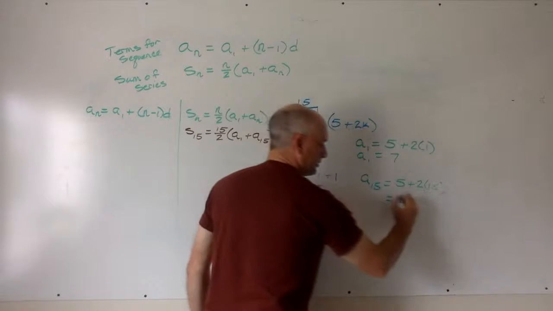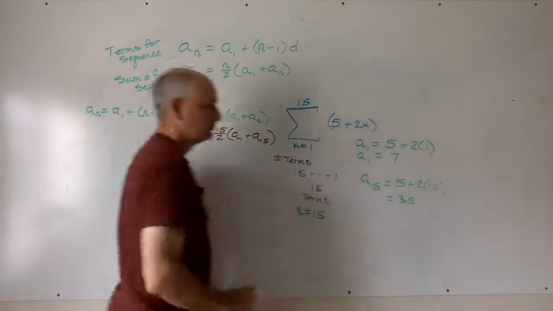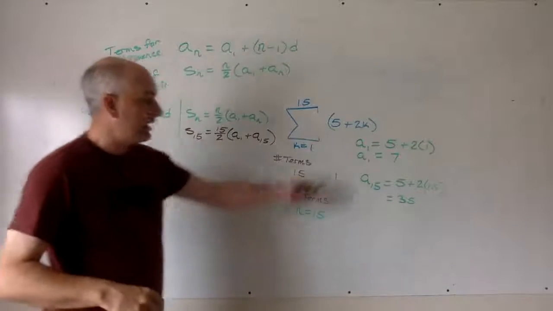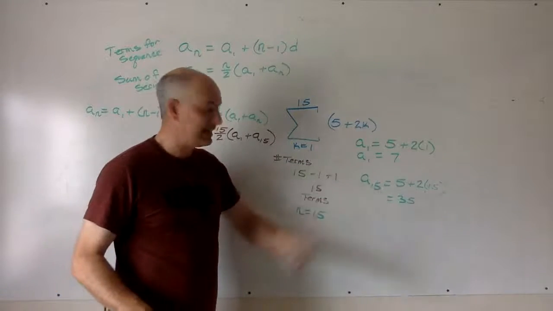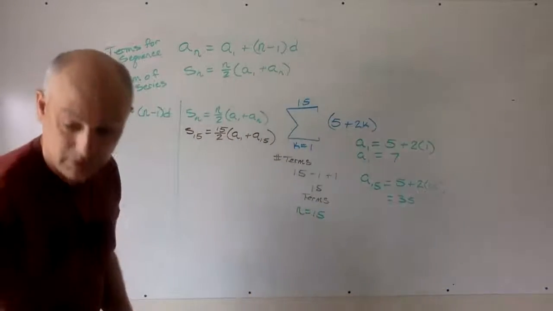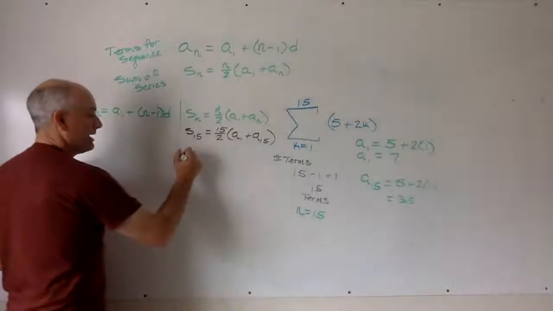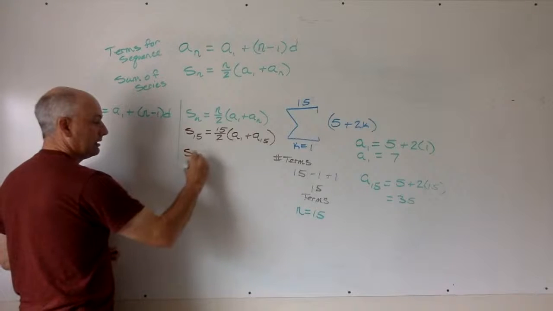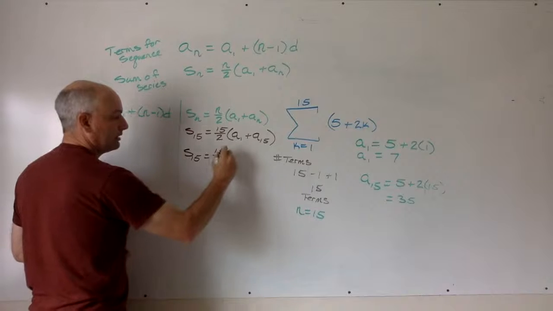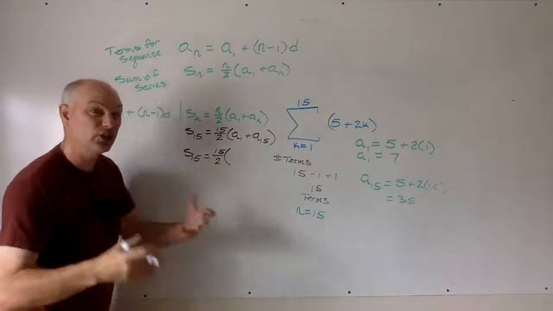So 5 plus 30 gives us a 35. So notice, now I generated a sub 1, I generated a sub 15. I'm there. So I actually didn't need the second series, or the second formula here in this particular case.